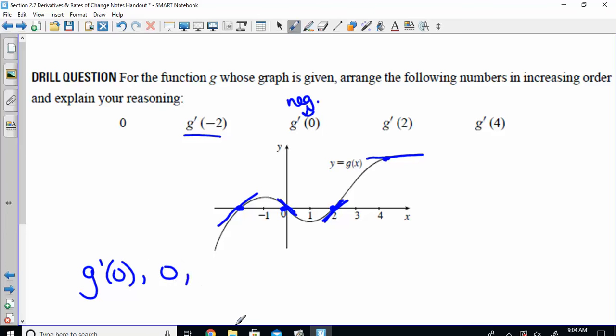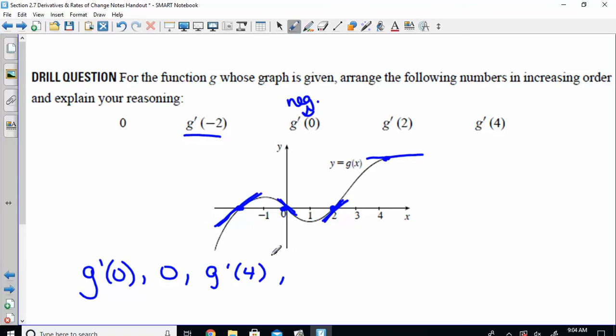So after that we would have 0. These derivatives represent slope, so the other three all have a positive slope. Which one would be the smallest? The smallest slope is the flattest line, because slope measures steepness. So the flattest line here would be at 4. At -2 and 2 it's a little harder to tell.